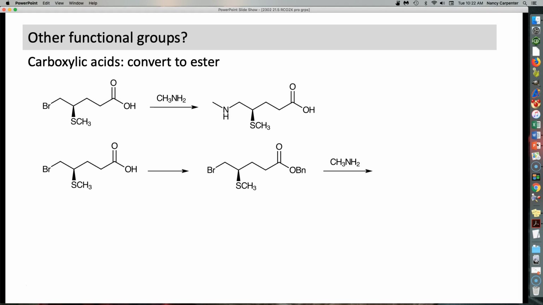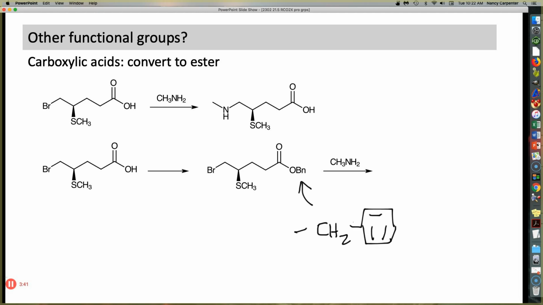So the best way to do that is to make an ester. Not just any ester. This Bn stands for benzyl, which is this guy. So what I want to do is make the benzyl ester from this carboxylic acid.